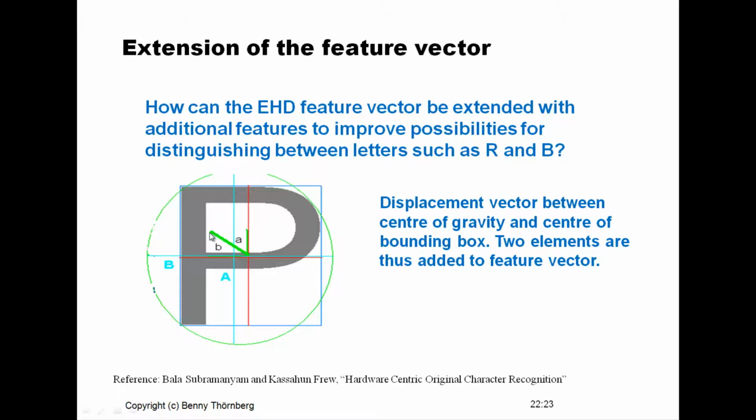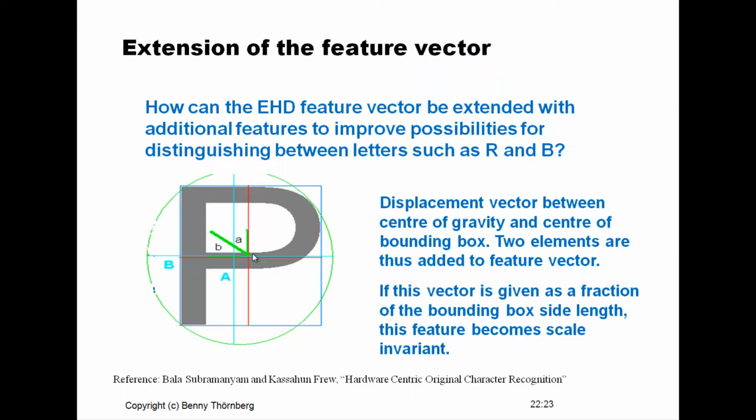This displacement vector is described in the vertical dimension and in horizontal dimension separately. And if we also, in addition, relate these displacement vectors with respect to the size of the bounding box, we can make this feature independent of the scaling of the image component, which is a property that we really want to have for a feature.